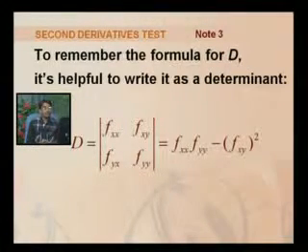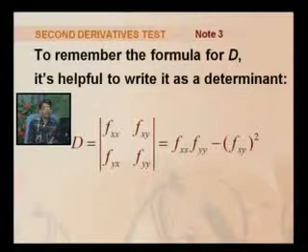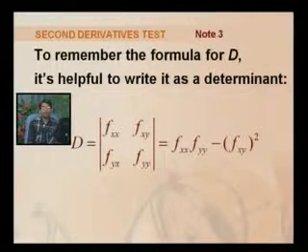In the first row we put fxx and fxy, and in the second row fyx, which is equal to fxy, and fyy. Then the simple form of this determinant is fxx times fyy minus fxy whole squared, which is our second derivative test expression for D.